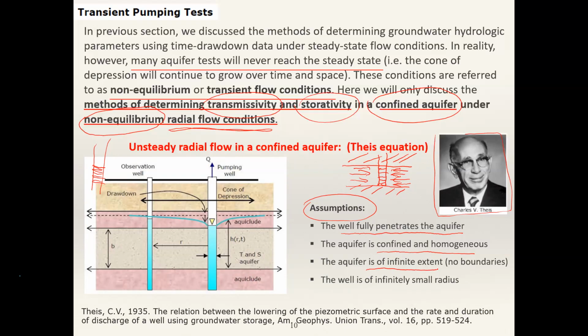What kind of boundaries can be seen? For example, you may have the pumping well here, and somewhere here, you will find that there is a river, or a lake, or a wetland, or the ocean, or an impermeable rock that may add water into the aquifer, or it may block the water flow into the well. Right?